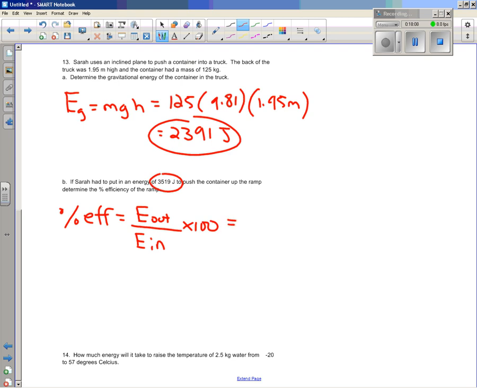In this case, what did she want to do? She wanted to give the thing gravitational energy. So the useful energy she got out is her 2391 joules, but due to friction, she had to actually push with 3519 joules. We multiply by 100, and that gives us a percent efficiency of 68%.